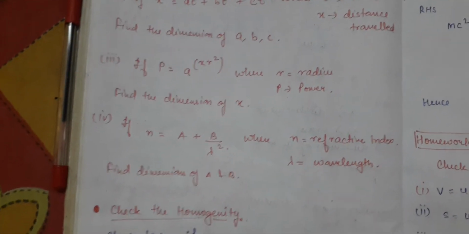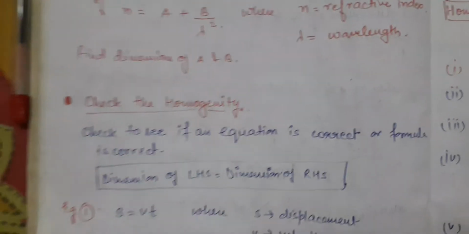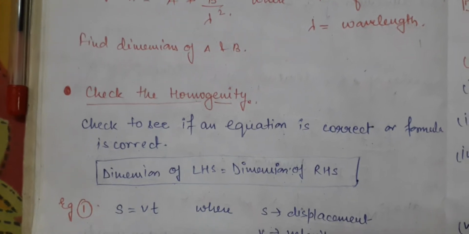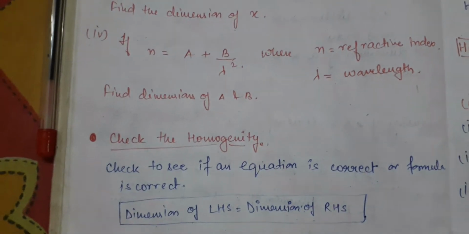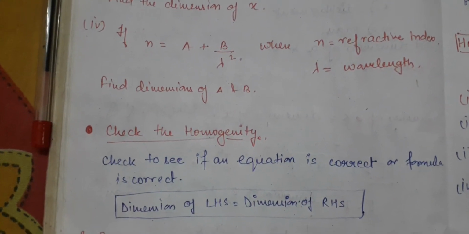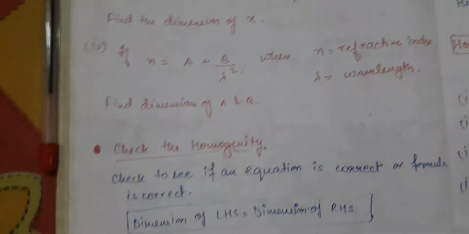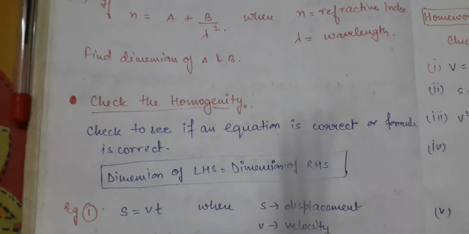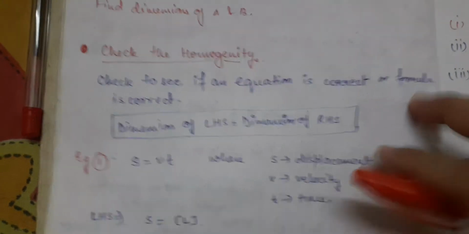Now the next topic, the last topic of today, is checking the homogeneity. What do we mean by checking the homogeneity? We have studied the principle of homogeneity. Now this topic says suppose you have been given any random equation, how do you check the homogeneity, or the correctness of the equation? If any random equation or formula has been given to you, how will you say whether it is correct or not?